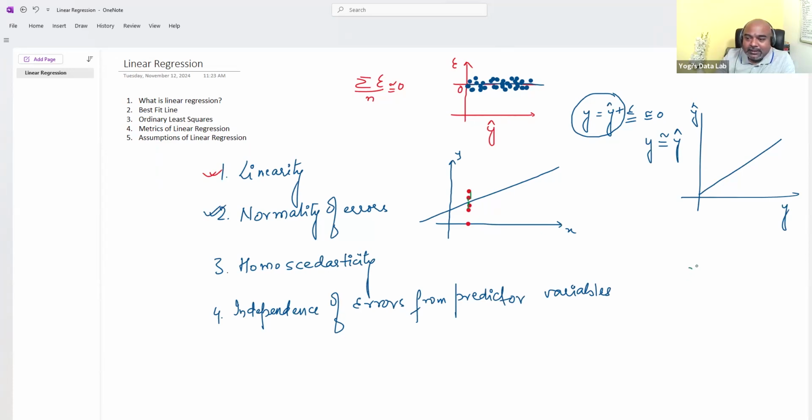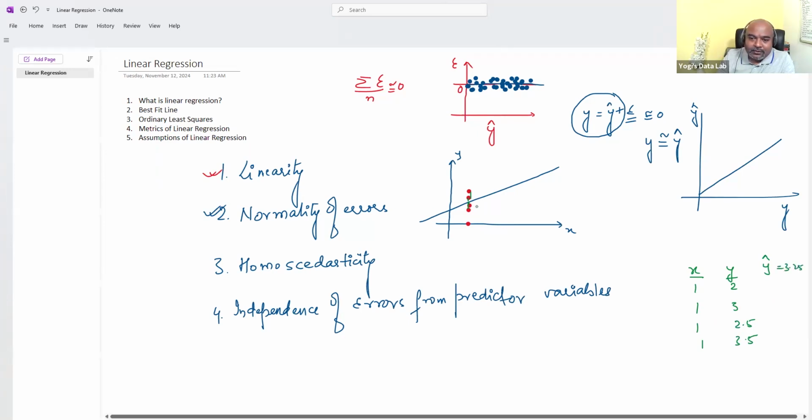How do they come? Let's say x is equal to 1, where actual y is 2, x is 1, y is 3, x is 1, y is 2.5, x is 1, y is 3.5. And you end up predicting y cap as 3.25. So this is the same situation. For x is equal to 1, I have different values of y, and I have my errors because I have predicted it to be 3.25.